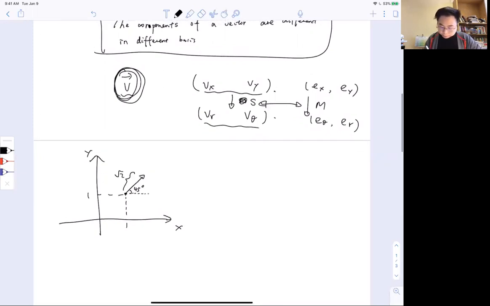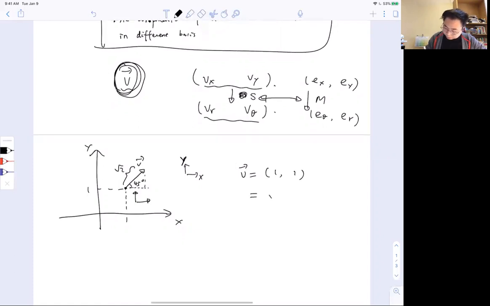Of course, we know that in the xy coordinates, we can write this vector as (1, 1), right? So decompose this vector V along the x direction and along the y direction, and you will get 1 and 1, or x hat plus y hat.